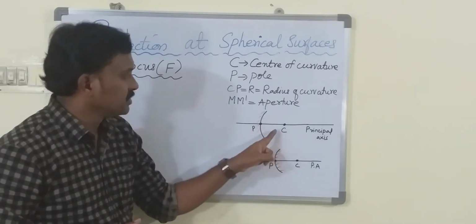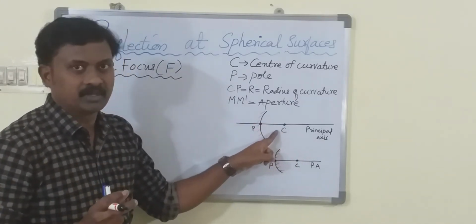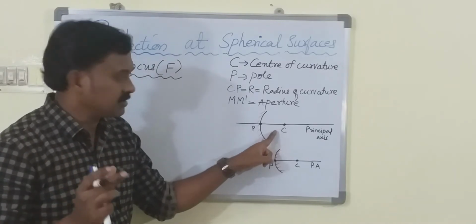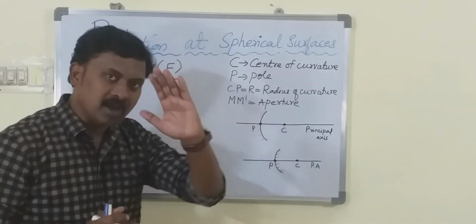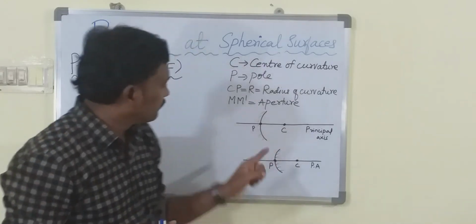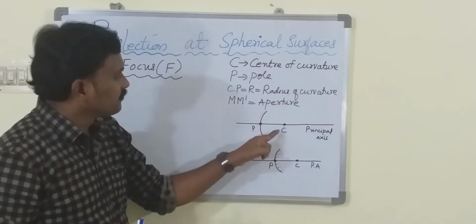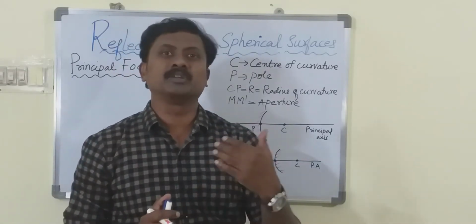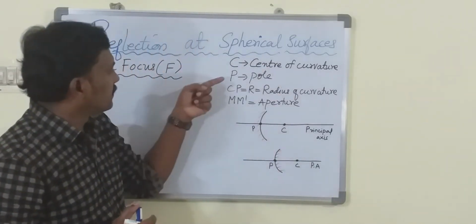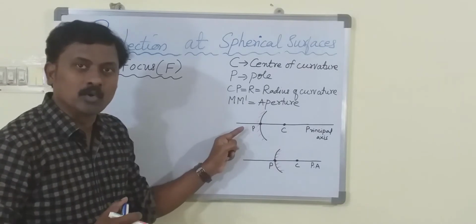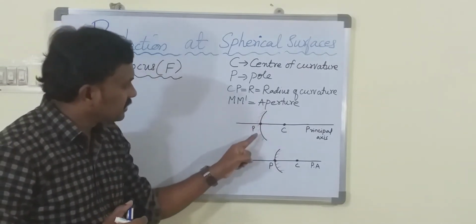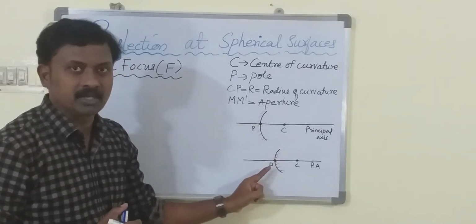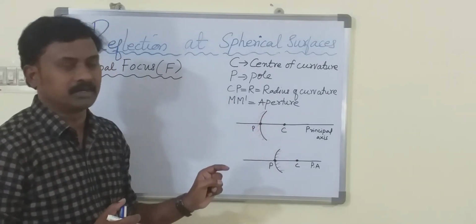Initially this is the center of the sphere, and from the sphere these two mirrors have been cut, and then we have painted like this. So we define the center of curvature as the center of the sphere of which the mirror is a part. And P, pole: the pole is defined as the geometric center of the mirror, and this is applicable for both the concave and the convex mirror.